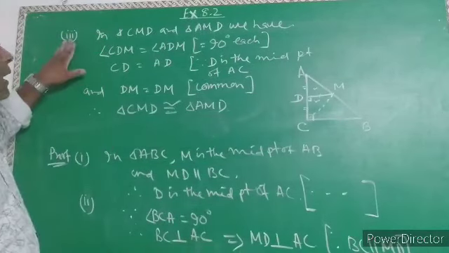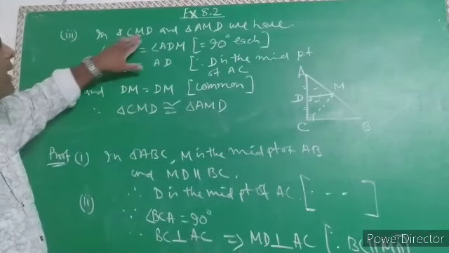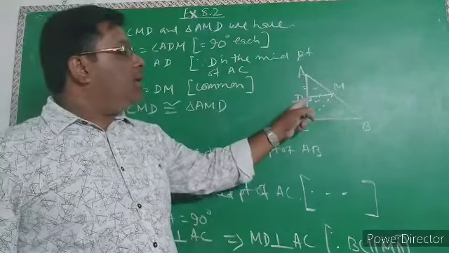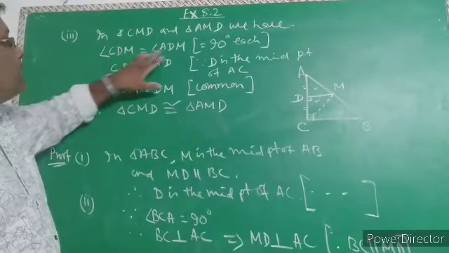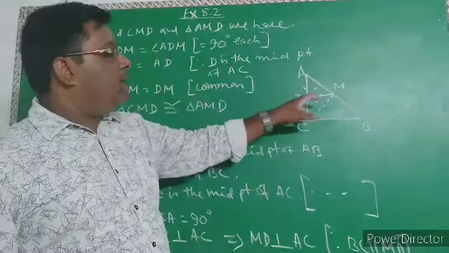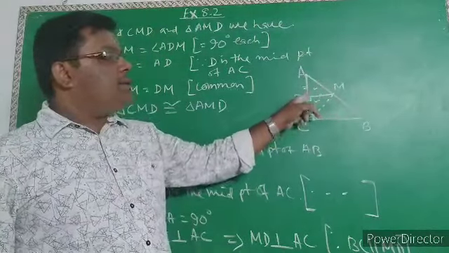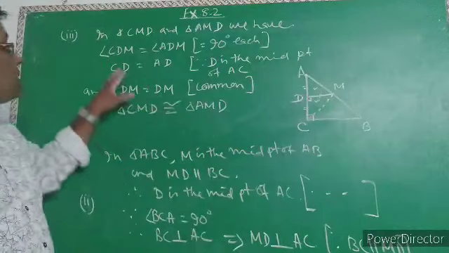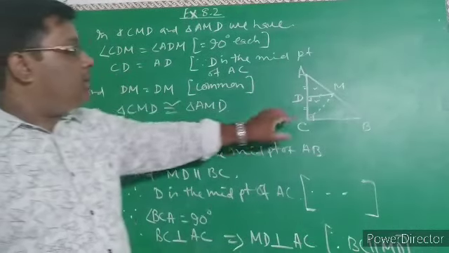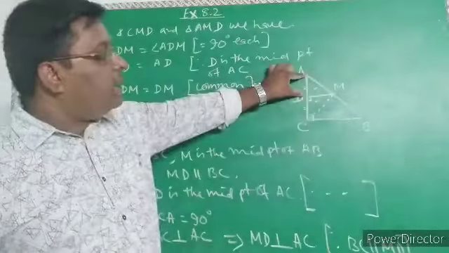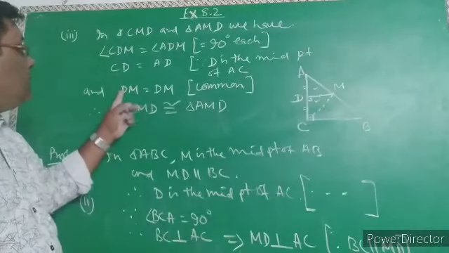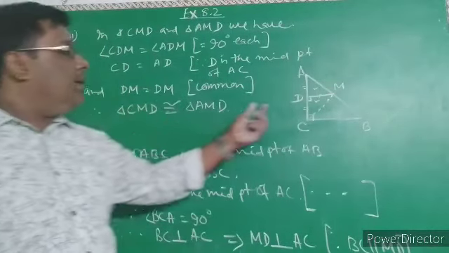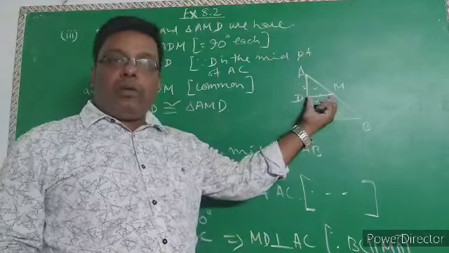So third proof is in triangles CMD and AMD we take the angles CDM and ADM, that is, these two are 90 degree. Next, CD and AD are equal because D is the midpoint of AC. Next, DM equal to DM, this is a common side.